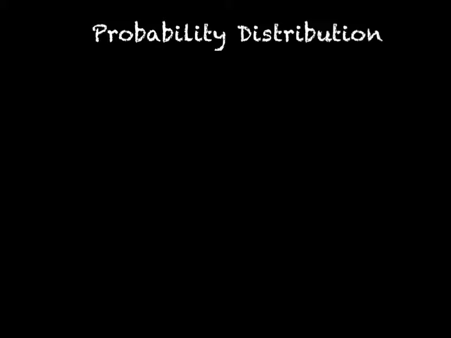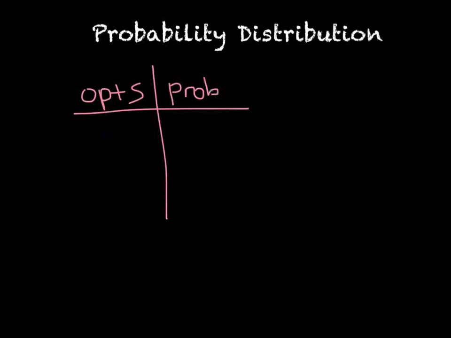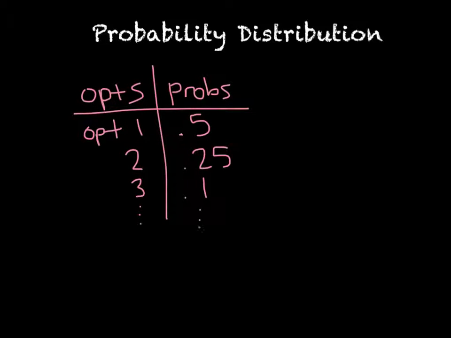So that would be like saying all of the different options and their corresponding probabilities, and you would list option 1, option 2, 3, etc. And if we were to continue with the numbers from the last example, option 1 has a probability 0.5, option 2, 0.25, option 3, 0.1, etc. Note that one important result of this is that all of the probabilities of the different outcomes must add to 1.